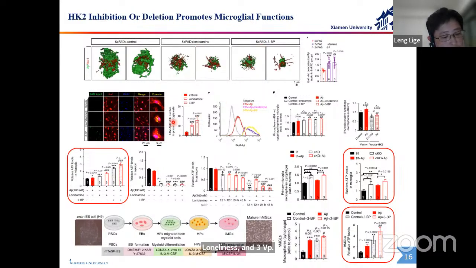Furthermore, the phagocytosis of A-beta as measured by FAM labeled A-beta 42 uptake was increased in cultured primary microglia treated with lonidamine and 3BP.